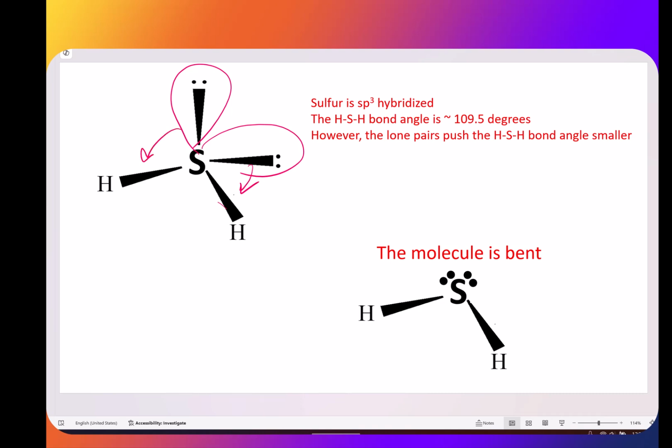So the final bond angle is actually going to be less than 109.5 degrees. And this would actually be a structural formula for this, like a loose formula, showing the bent configuration. Here we're just showing the electron pairs as dots, not in their tetrahedral conformation.